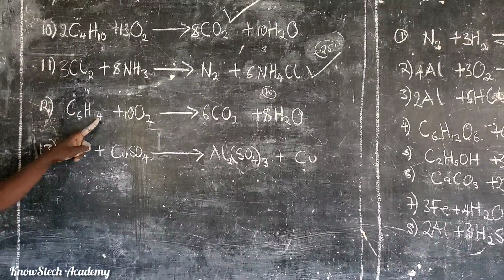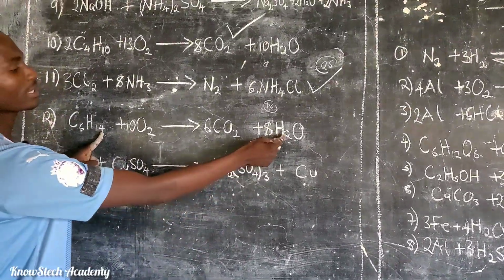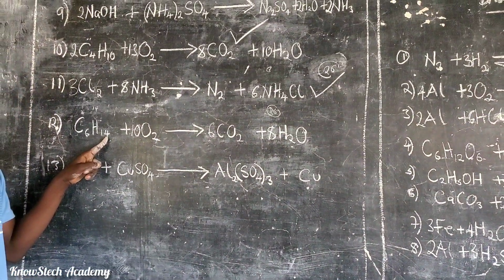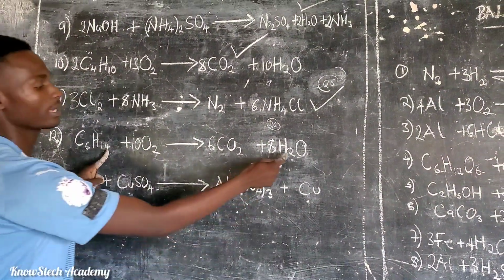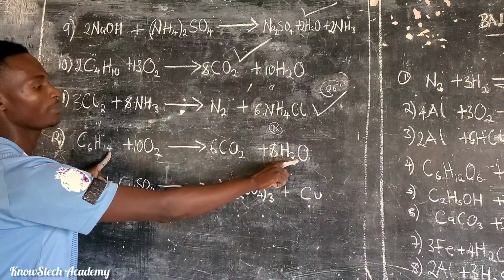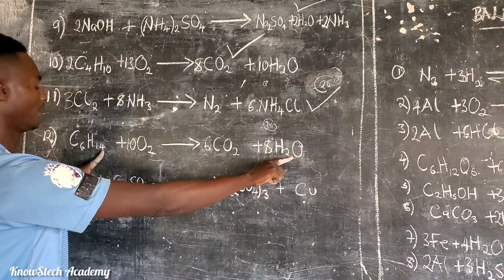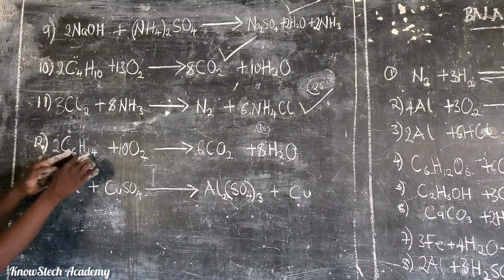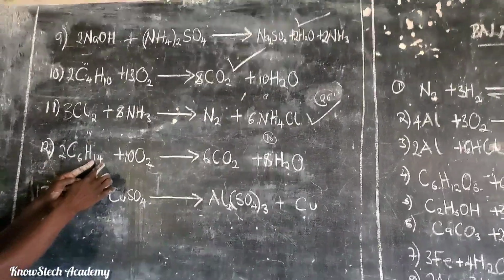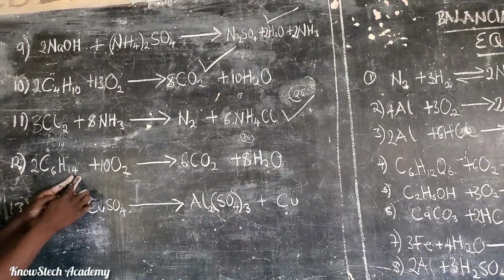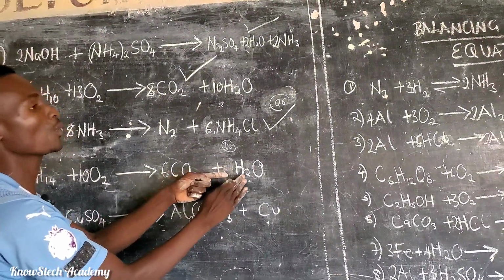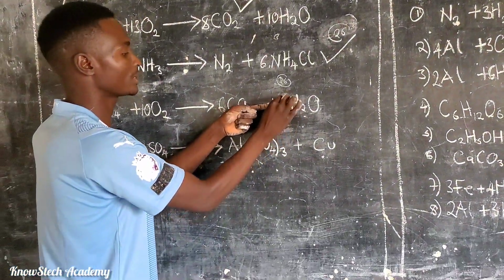If we put 2, it will be 28, right? Now, can this 2 change to 28? Yes. By writing 14, so let's put 2 here, and if hydrogen becomes 28, then here we can change 8 to 14.